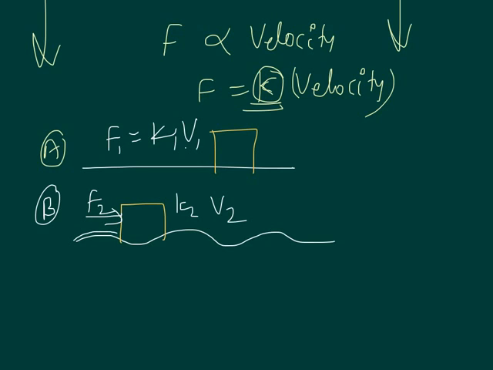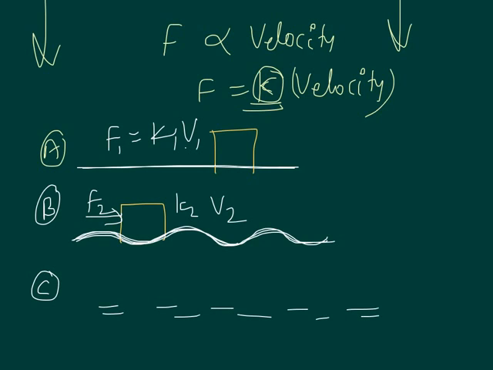Why? The road or the path is different from this path. And if we have one more surface like water, and if you apply force now, the velocity that body gets is something different from those two.